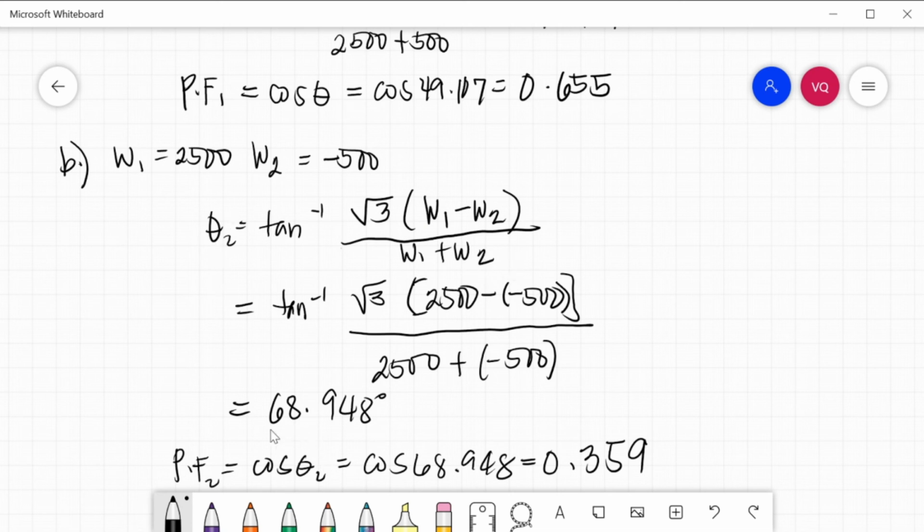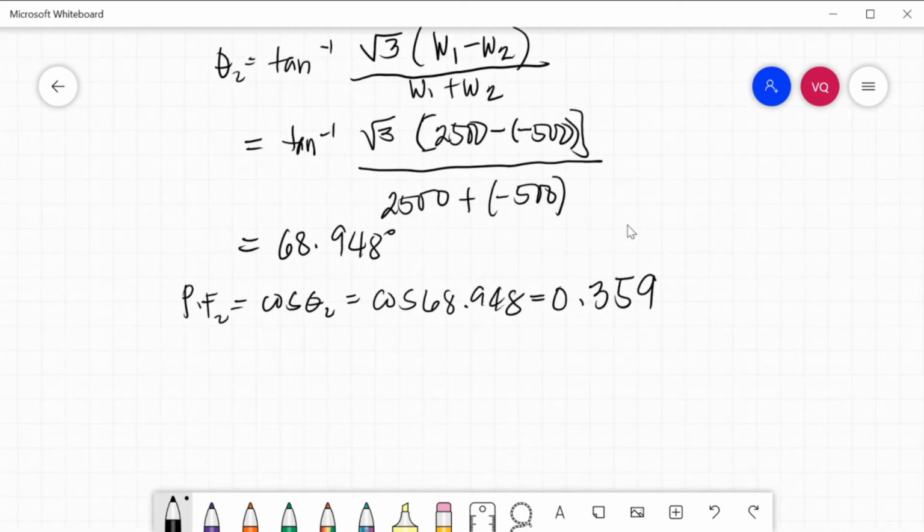Theta 2 now will be equal to arctan of square root of 3 times 2,500 minus negative 500 divided by 2,500 plus negative 500 equal to 68.948 degrees. So power factor now will be equal to cosine theta equal to 0.359.